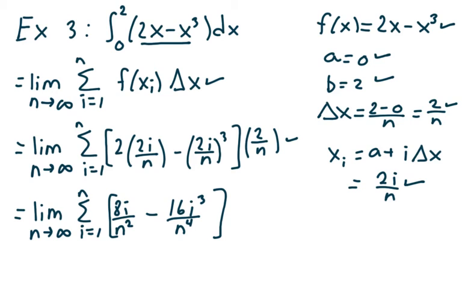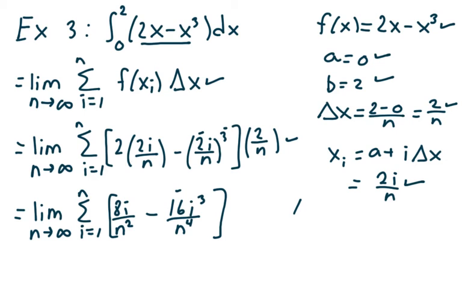And then I'm going to distribute in, and I'm going to get the summation. The limit as n goes to infinity of the summation from i equals 1 to n of 8i over n squared minus 16i cubed over n to the fourth. Remember, if I take 2 to the third power, I get 8, and 8 times 2 is 16. That's where I'm getting that 16 from.